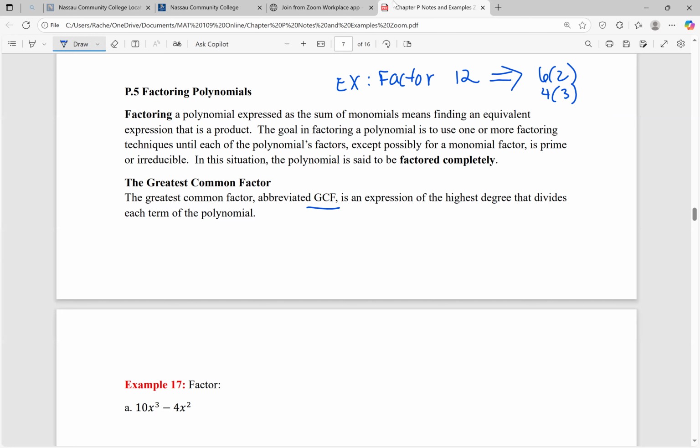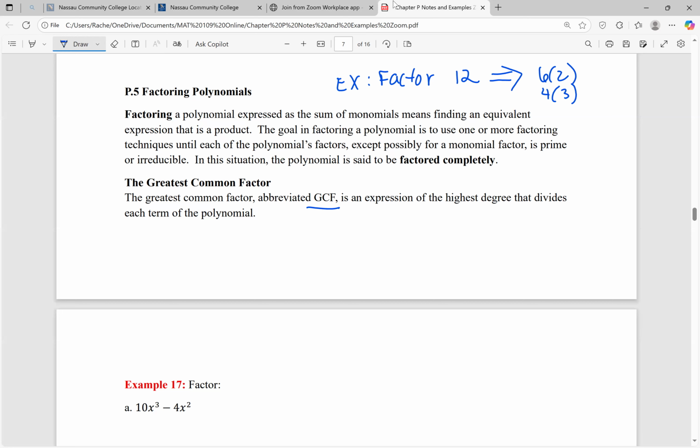So I'm going to factor out the 2x squared as my first factor. Now my other factor is what we get after we divide the 10x to the third minus 4x squared by 2x squared. 10x to the third divided by 2x squared: 10 divided by 2 is 5, and x to the third divided by x squared is x.